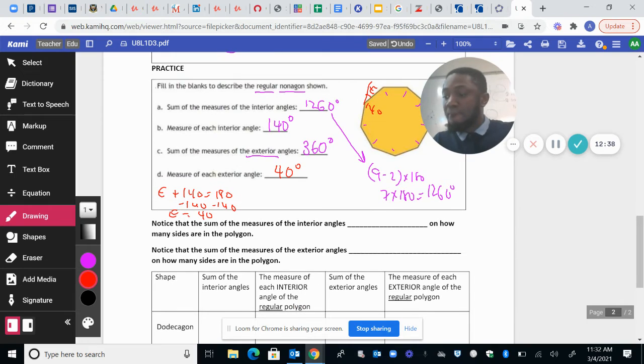So here we notice that the sum of the measure of interior angles depends on how many sides are in the polygon. And we also notice that the sum of the measure of the exterior angles does not depend on how many sides are in the polygon.